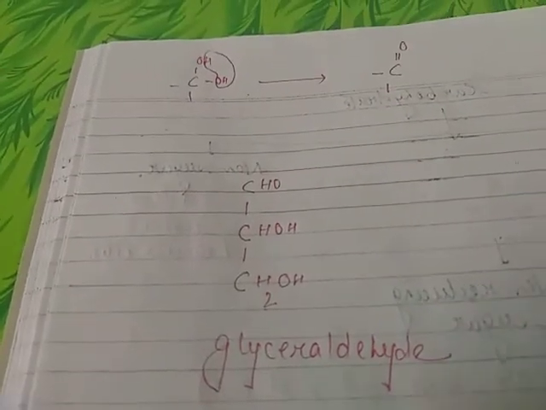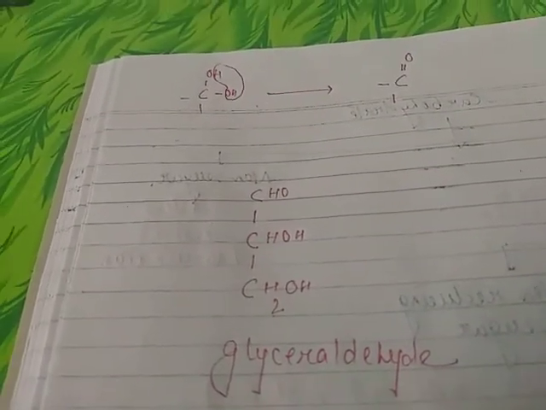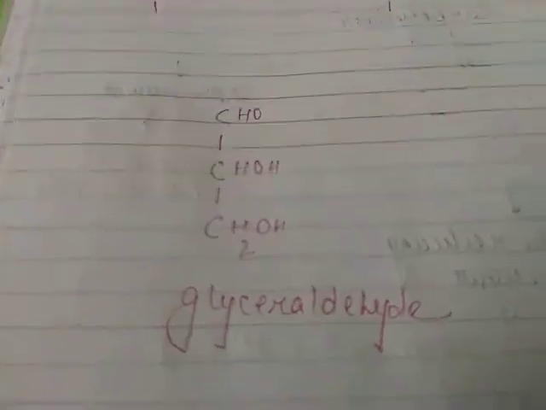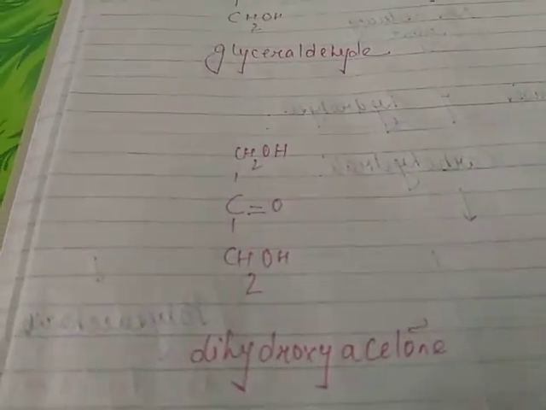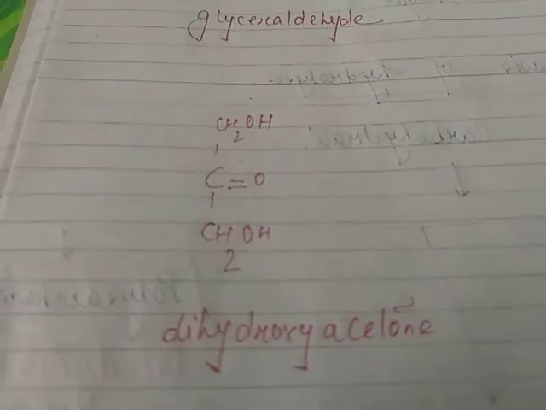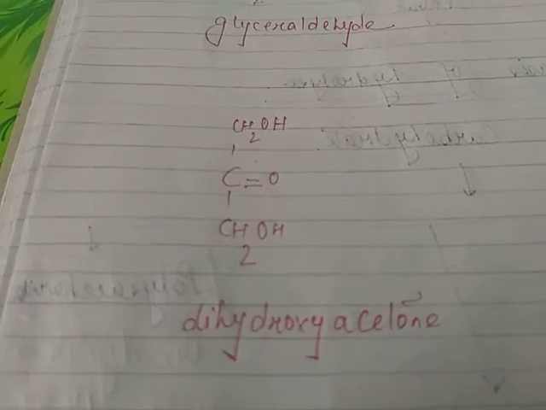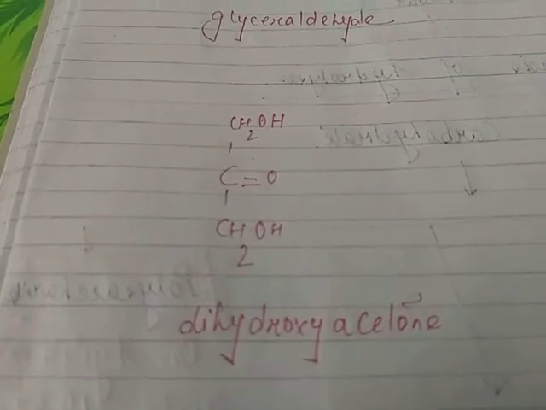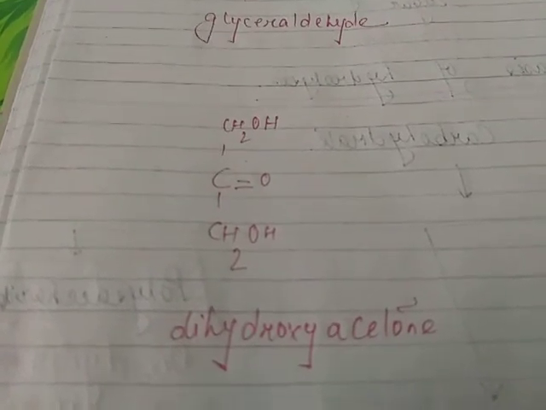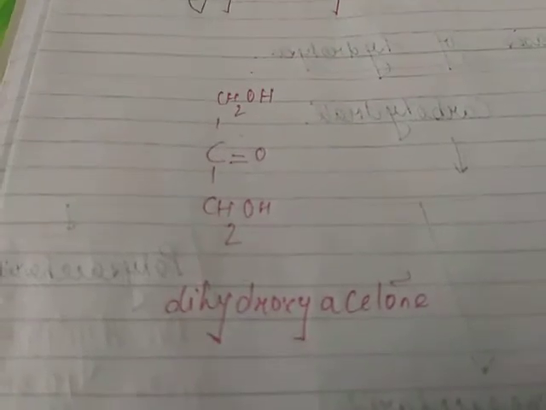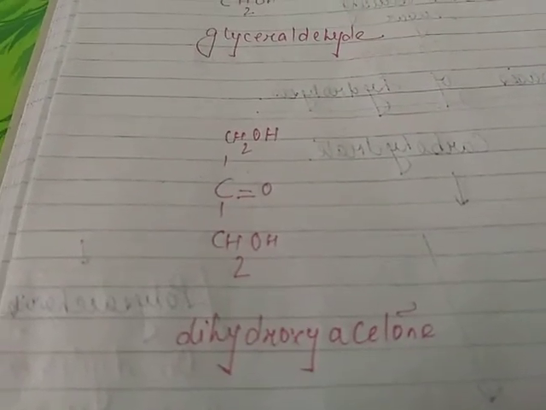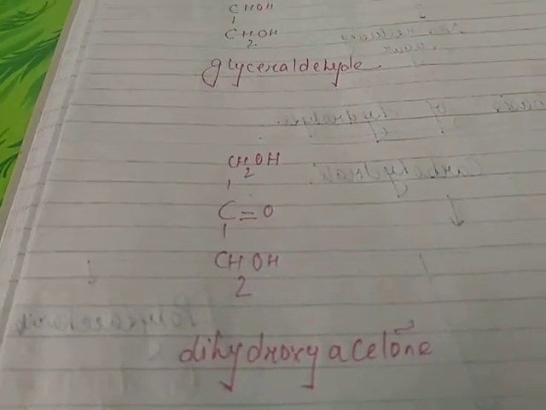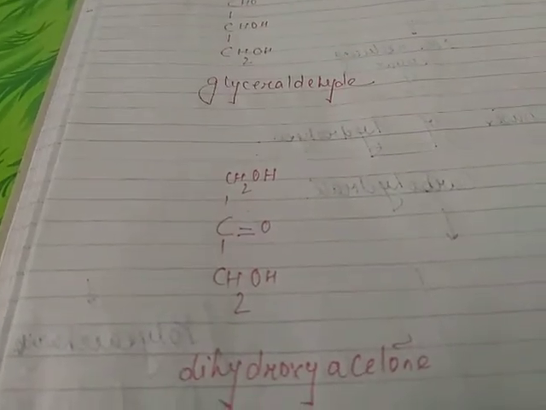If it is an aldehyde, it is known as glyceraldehyde, and if it is a ketone, it is known as dihydroxyacetone. I wrote only the common names, which are more important in this biomolecule chapter, not the IUPAC names. IUPAC names are quite easy, you can write them by yourself, but the common names you have to learn a bit.